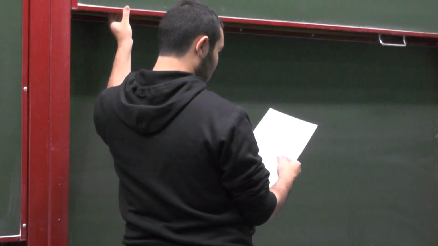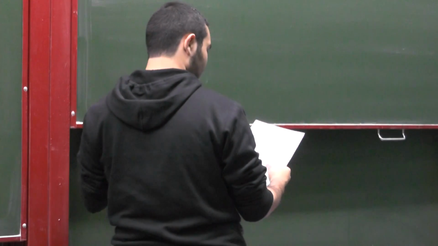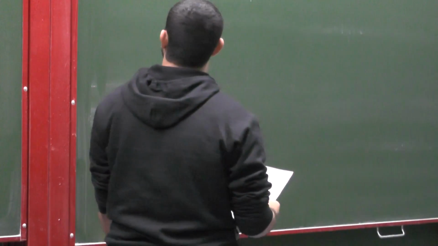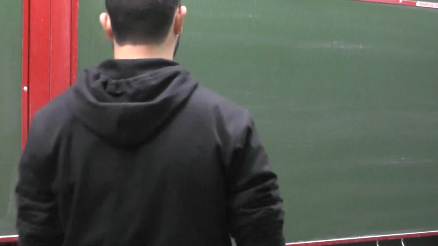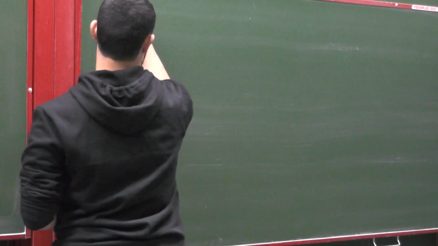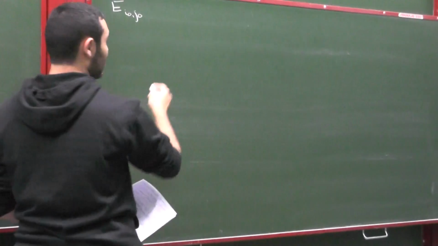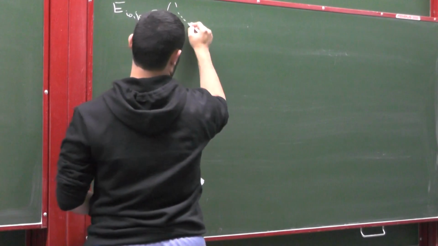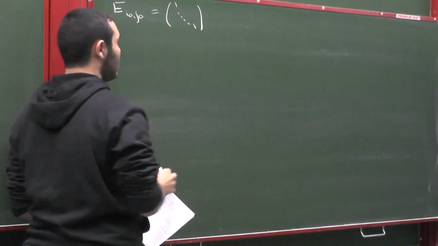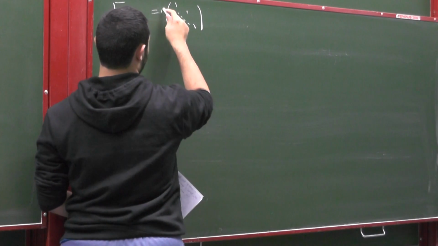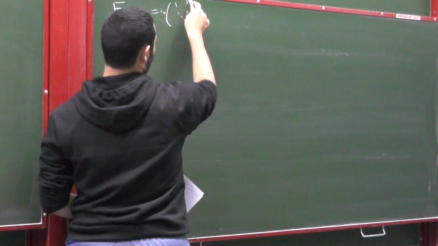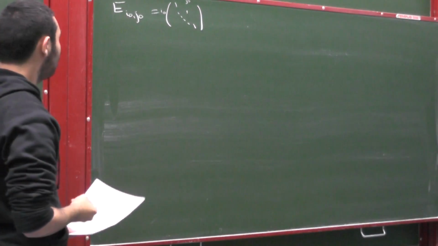So here's an exercise for you, which is useful for now. I define a matrix E_{i0 j0} to be the matrix which has ones on the diagonal, and another one which is in the i0 row and j0 column.